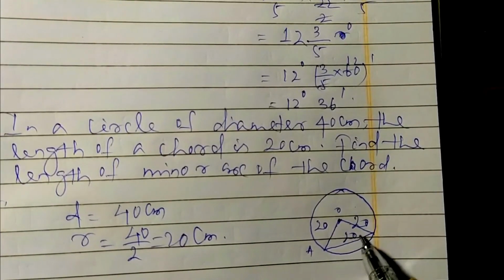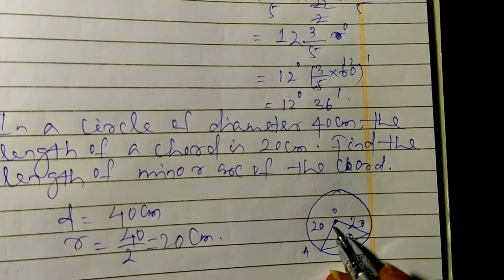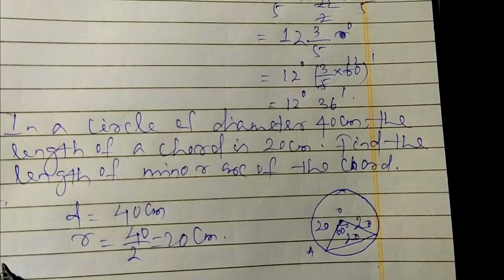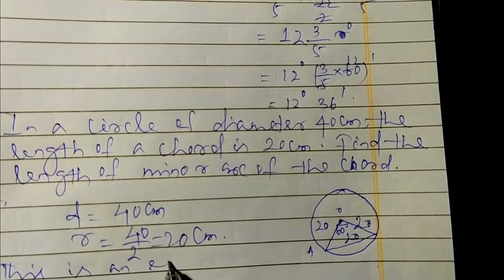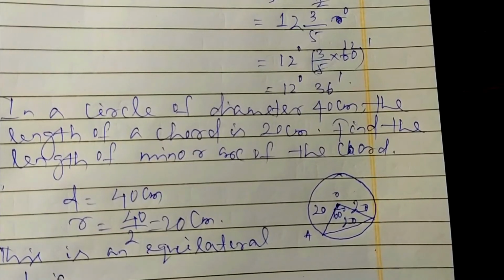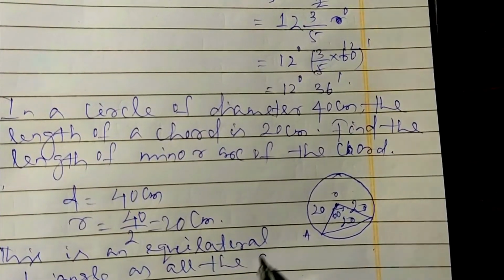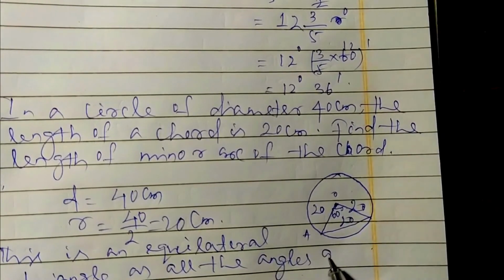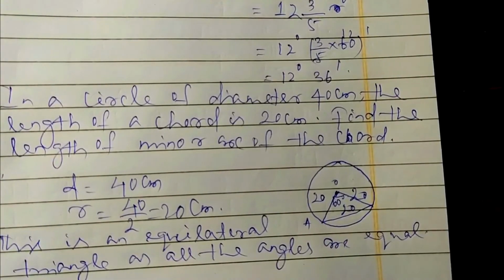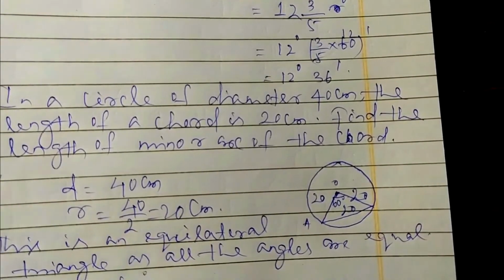That means it is an equilateral triangle, as all the angles are equal. So theta is equal to 60 degree.